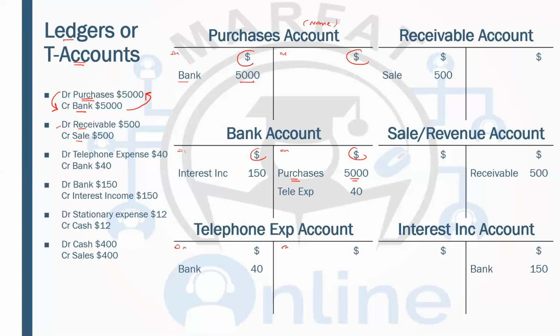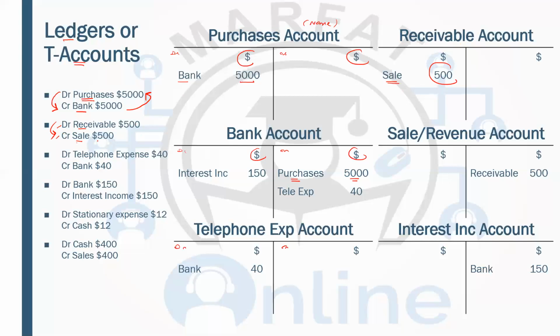See here the transaction, debit receivables, credit sales. So you have to make one account for receivables and the other account for sales. So we make the account for receivables. The receivable account is being debited by 500, and we're going to give the reference of this transaction. Okay, fine. So we have done the credit sales to the person. That is why we have to receive $500.